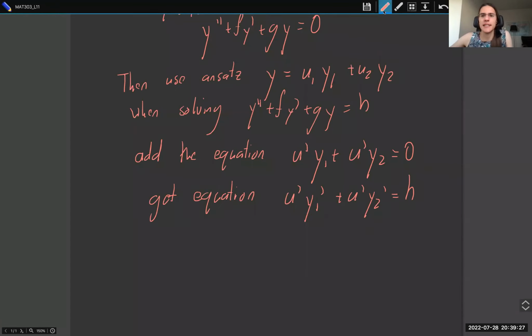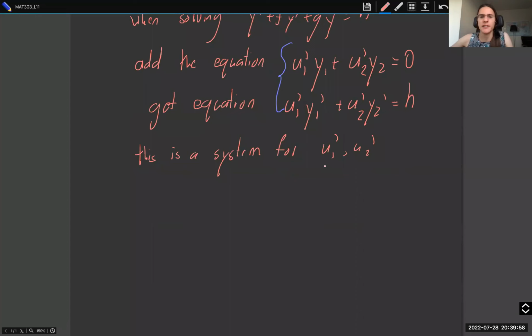And this is a system of equations for u1', u2'.